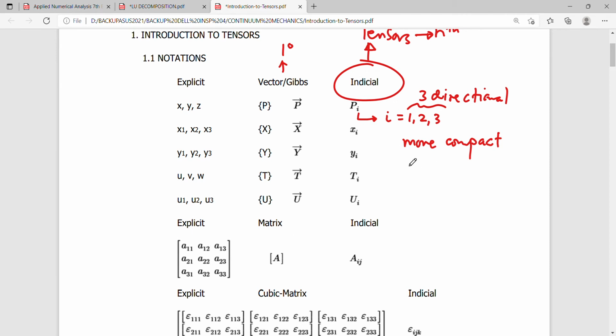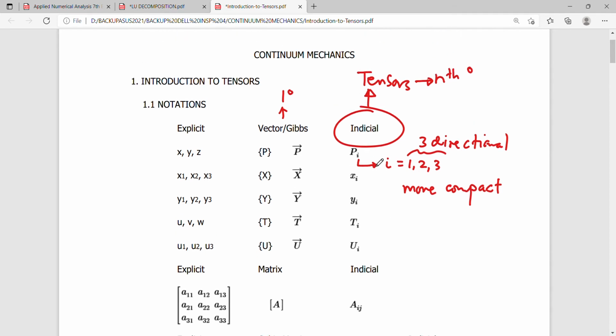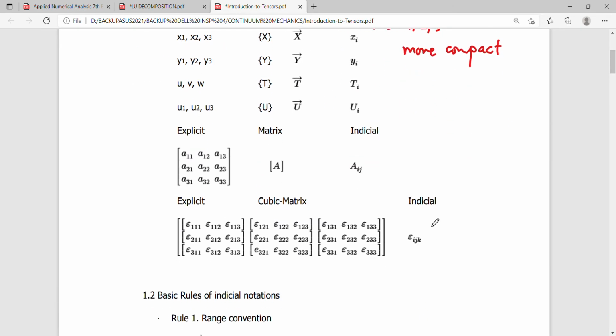So the general idea is to make the representation of the continuum mechanics principles, solutions, formulations more compact and space saving. Okay, so for a cubic matrix, really a very large amount of space is consumed, no? Explicitly, while in the indicial notation, we can only use an epsilon ijk as a representation of this very large expression or notation.